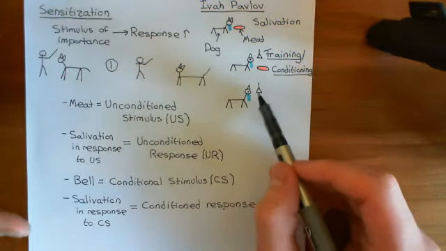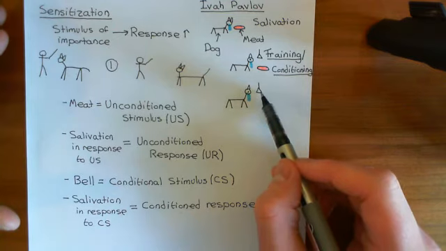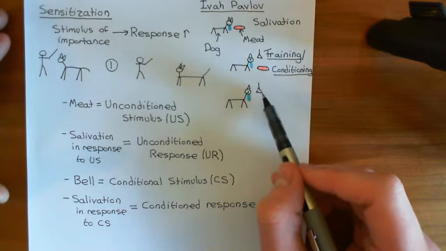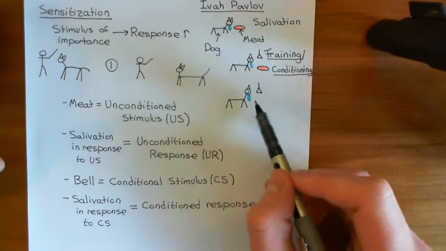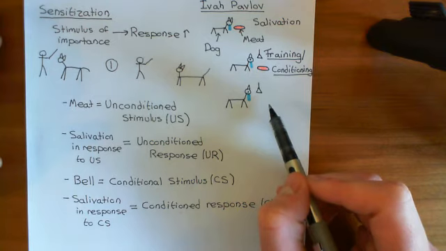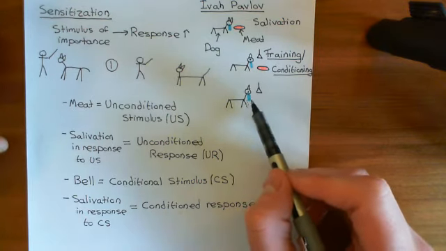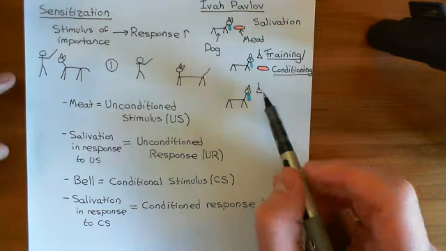Eventually, when the dog has salivated enough times in response to the bell without being presented meat, it will learn that the bell doesn't warrant salivation anymore, that it doesn't show that the meat is coming, and therefore it will stop performing the conditioned response, which is the salivation in response to the conditional stimulus.